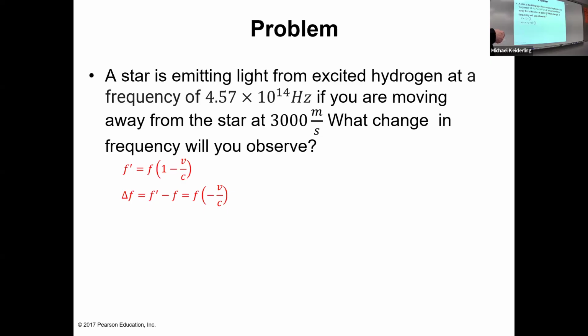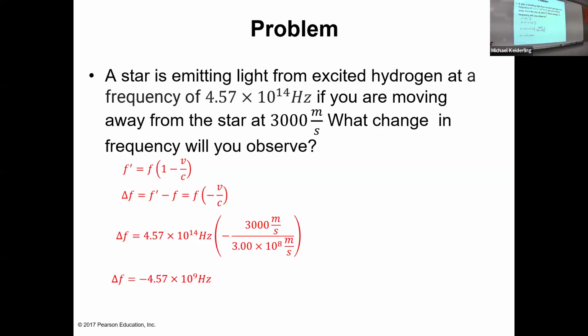So the change in frequency is just f prime minus f, which is f times minus v over c. So 4.57 × 10⁻14 hertz times minus 3,000 meters per second over 3 × 10⁸ meters per second gives you negative 4.57 × 10⁻⁹ hertz.